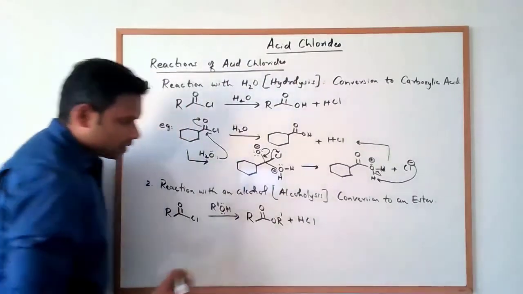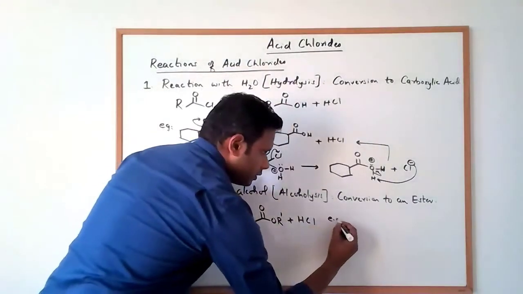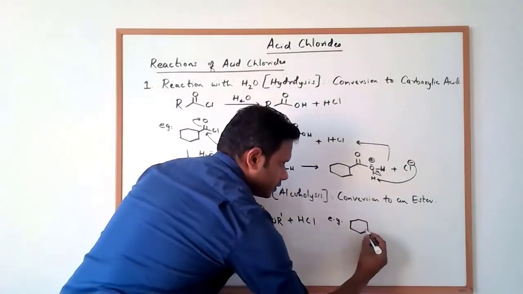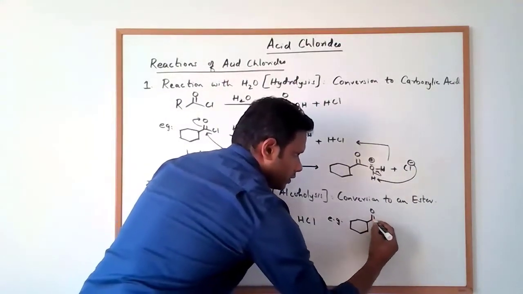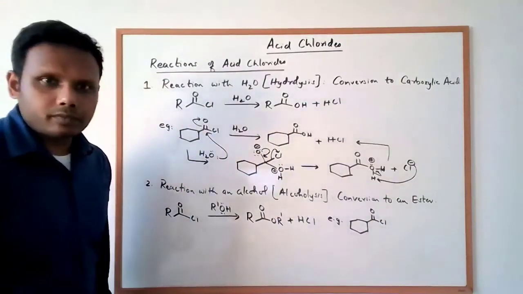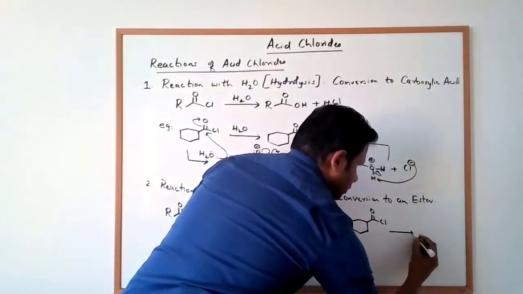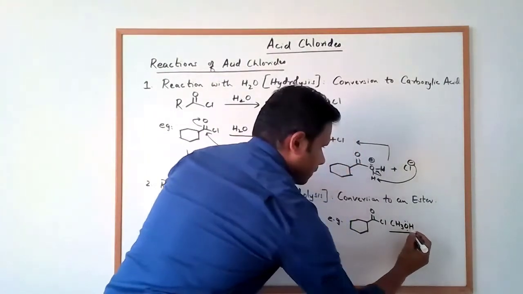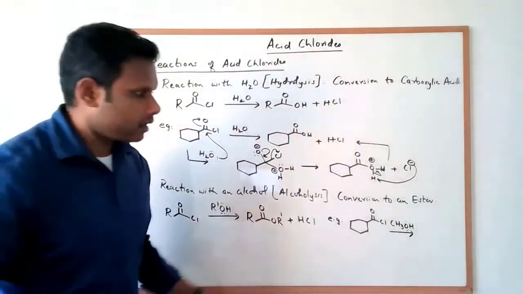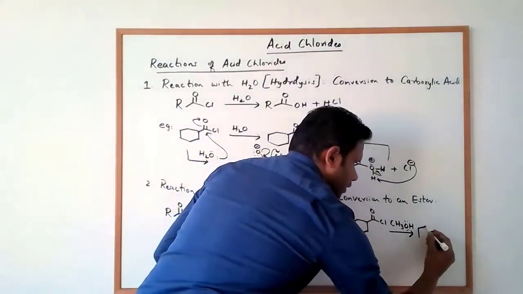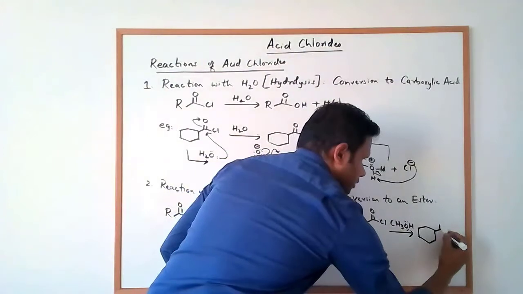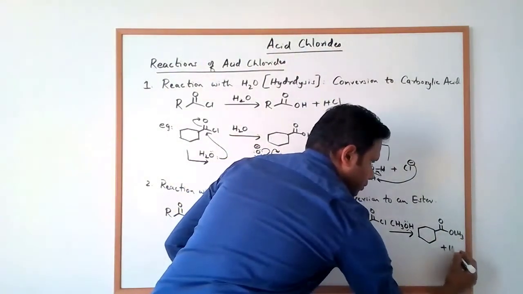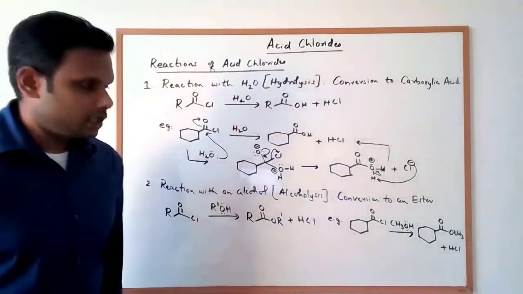As an example, we can consider the reaction of the acid chloride here with methanol, that's our alcohol, and from this reaction we will get the methyl ester plus you will get HCl.